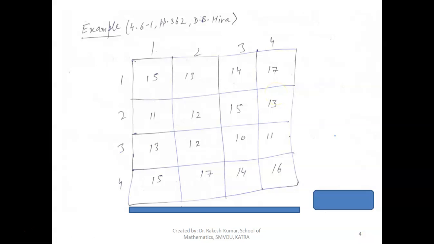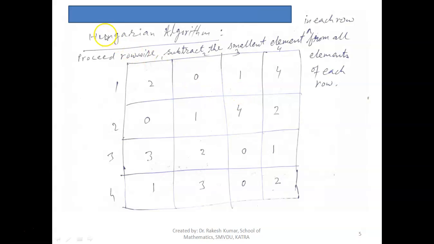The next step in the Hungarian method is to proceed either row wise or column wise. Here I am proceeding row wise. Subtract the smallest element in each row from all elements in that row.